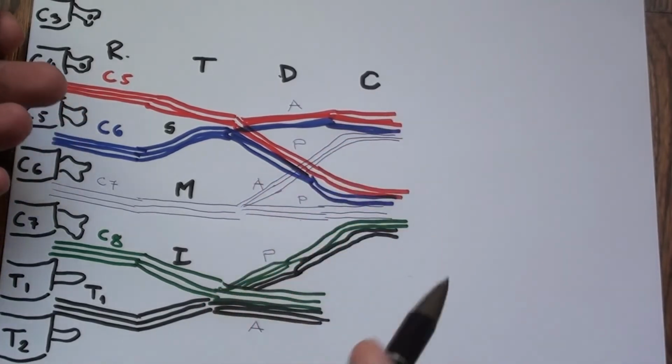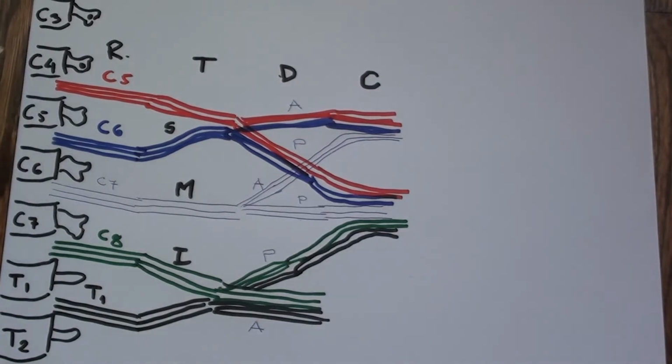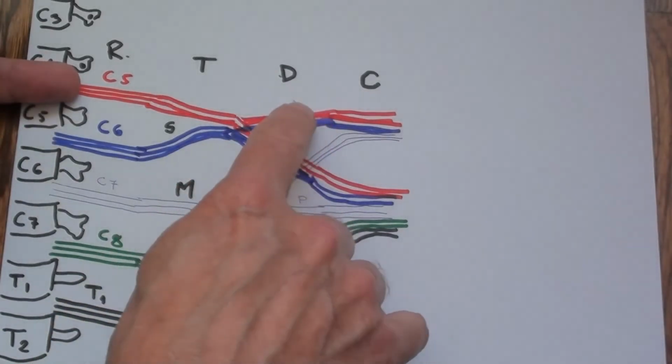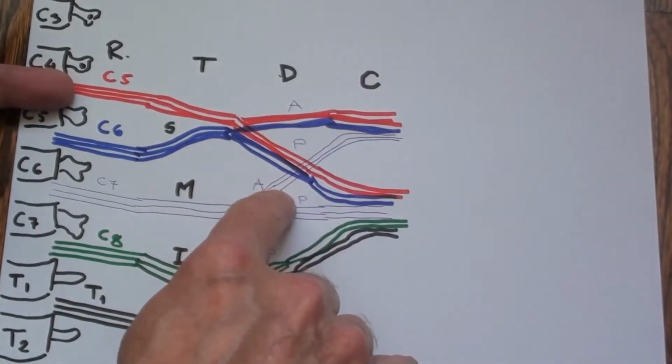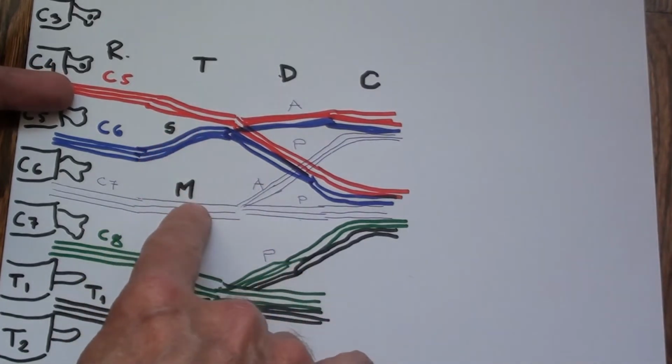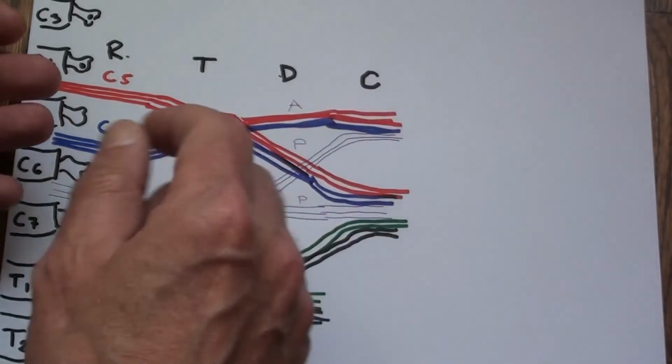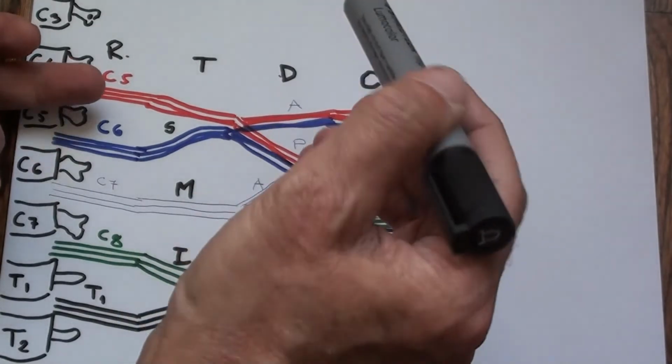So we just generated, on the basis of three different colors, what is known as the lateral cord of the brachial plexus. So in this case, we just allowed mixing of fibers between anterior divisions of the superior and middle trunk to form what is called the lateral cord.